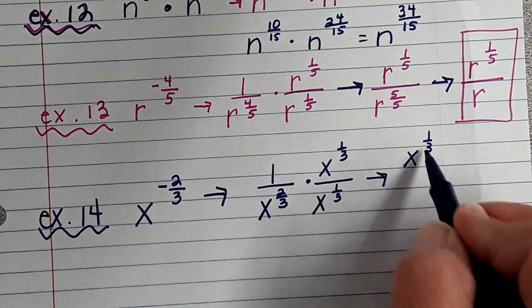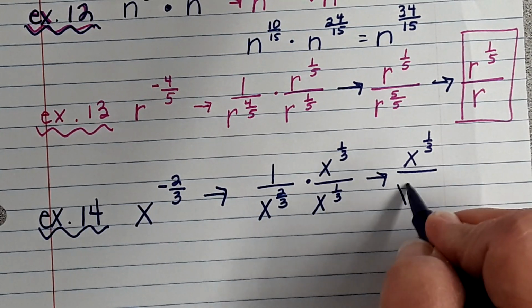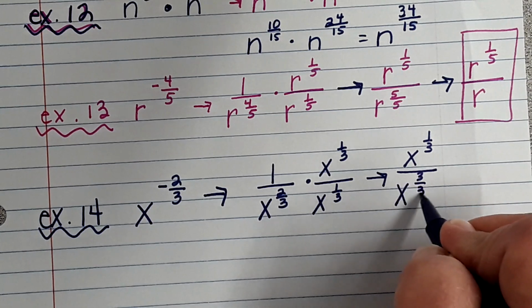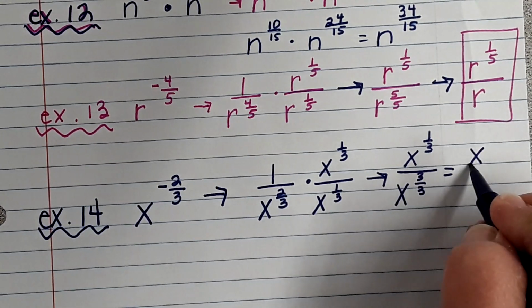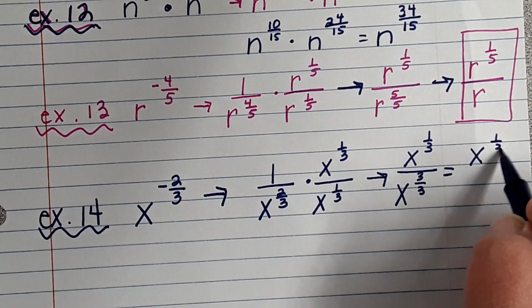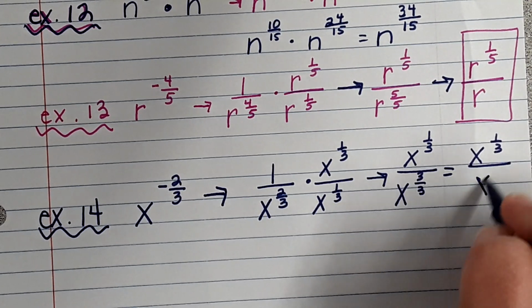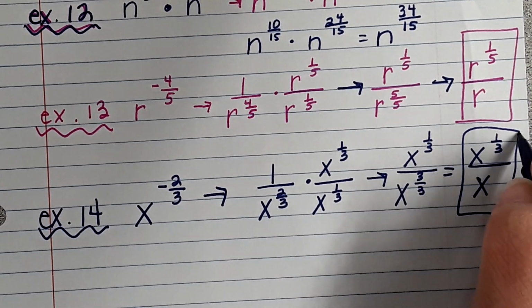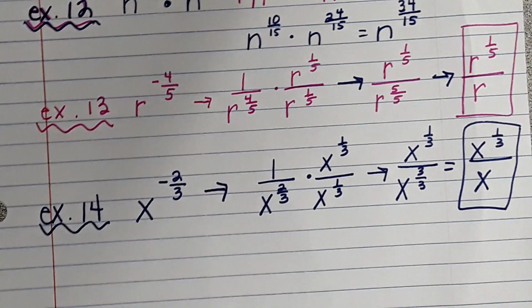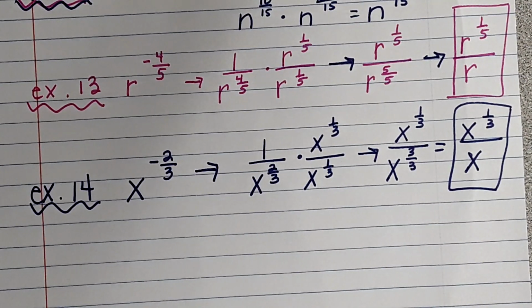X to the 1/3 over x to the 3/3. And then that's your answer. So at this point, are there any questions about how I did something or how I got rid of something?